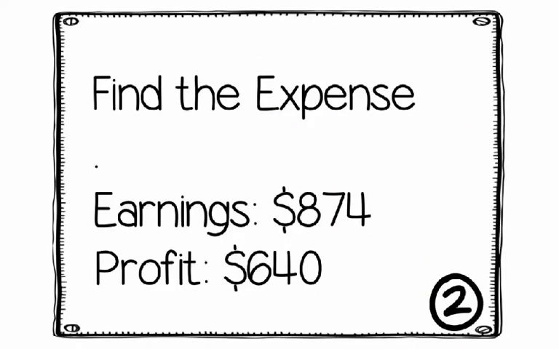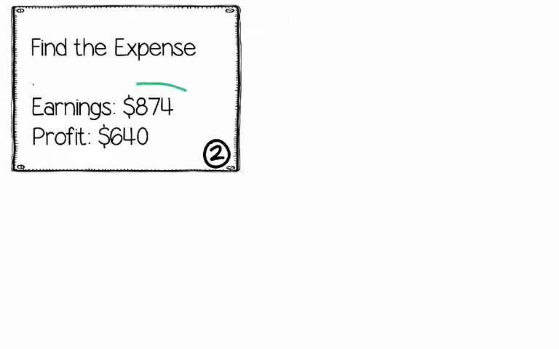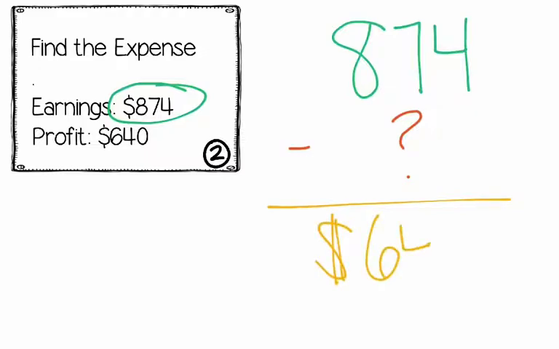Find the expense. Alright, so our earnings is the same thing as income. So we do 874 minus our expense is equal to $640.